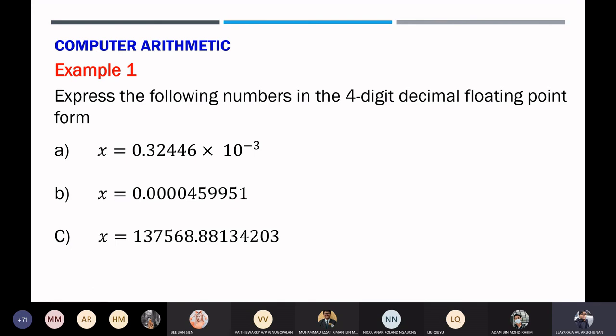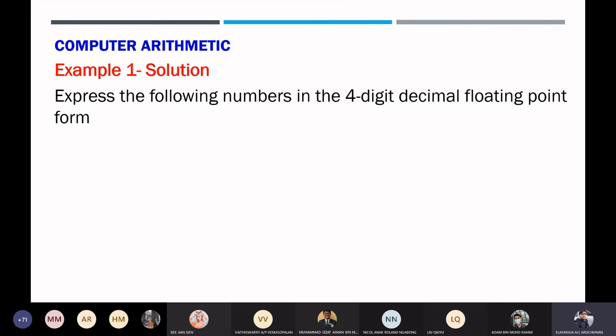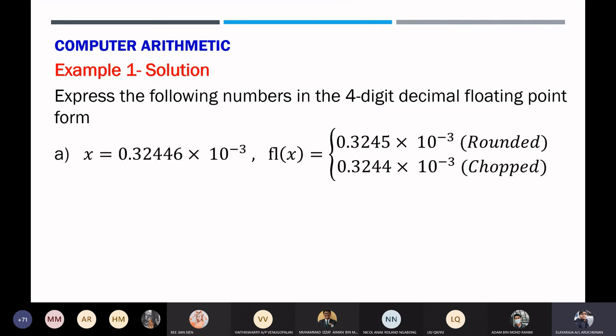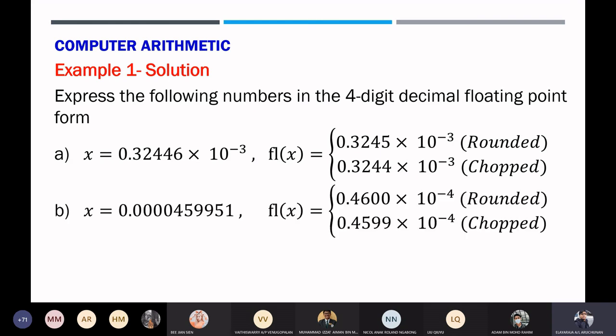Now take a look at the solution. For question A, if it is 0.3244, then if you use round up it will be read as 0.3245, and if it is chopped, it will become 0.3244. Likewise, look at this example.